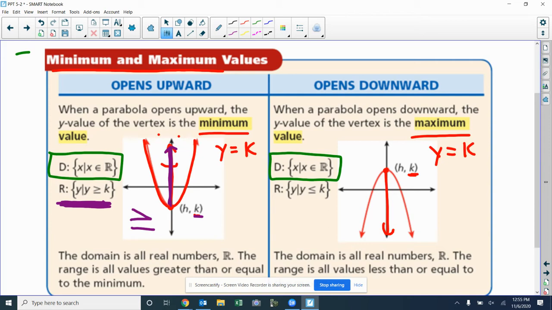If I have a max and I go down, now I'm looking at less than, or all my y's have to be less than that k value. So everything circles around k. Circle k, get it? K is our y value for our max and min. K also helps us determine what is the range of our parabola.